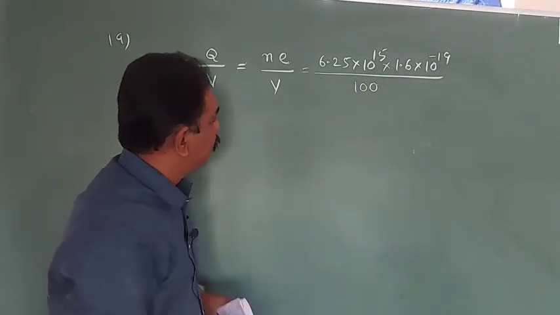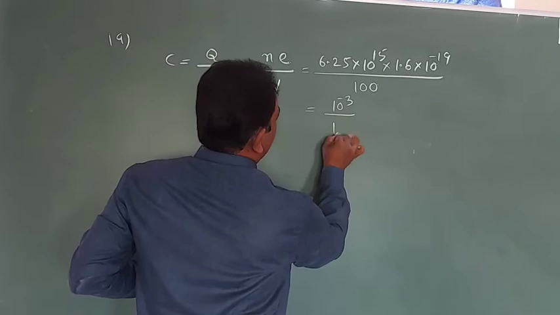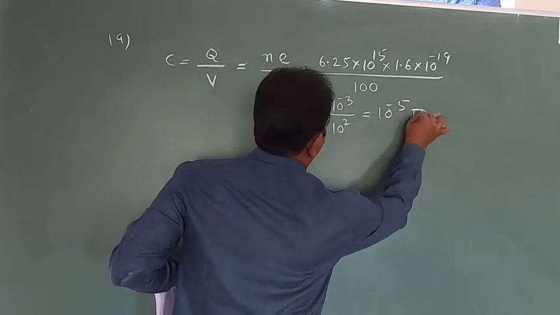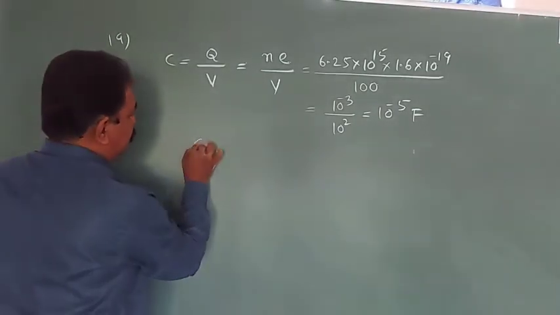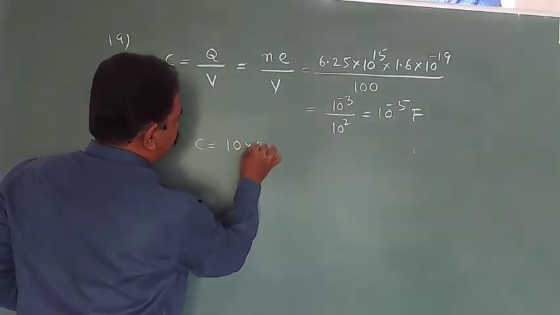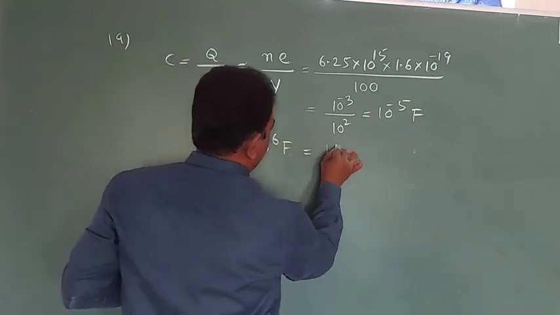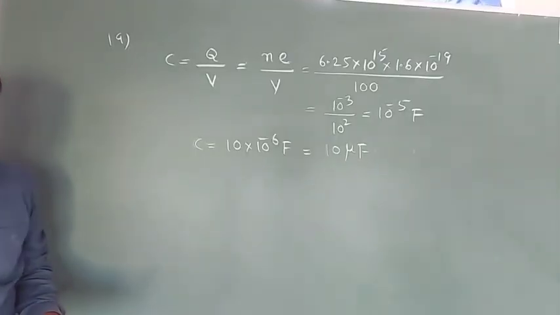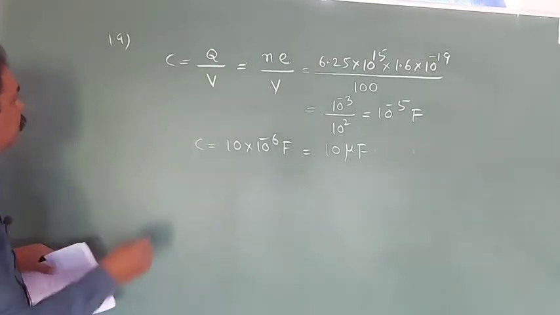So 10 power minus 3 by 10 square. This is 10 power minus 5 farad. I am writing this one this way: C is equal to 10 into 10 power minus 6 farad. This is equal to 10 microfarad. So 19, it will be the second option.